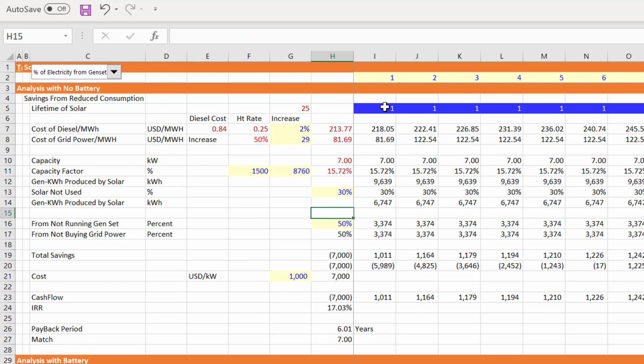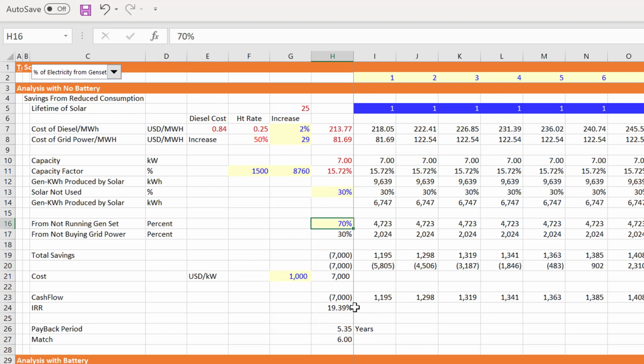Okay, so once we have this, it gives us our, let's say now the blah blah blah. I can't get a stupid word out of my mouth, but if the grid power really, really sucks, so we have to run our generator 70% of the time, you can see that the payback period was a lower number.